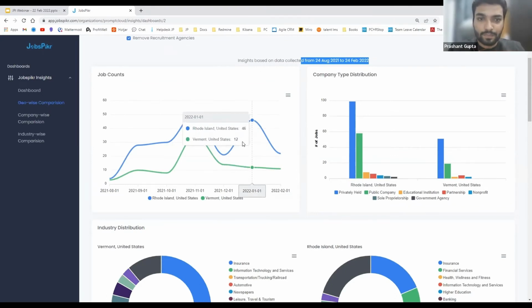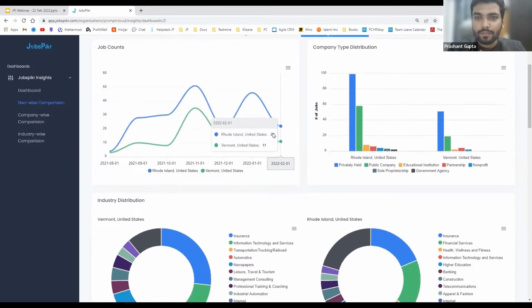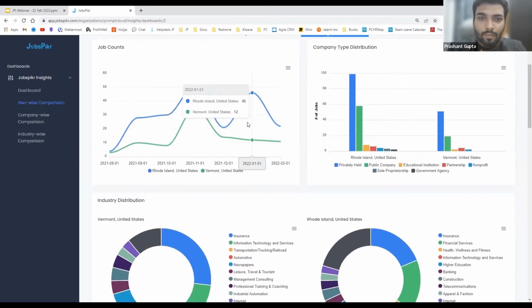As we can see, there are fairly fewer jobs in these states in the last 6 months. And Rhode Island is having slightly higher availability or higher openings in January 2020.